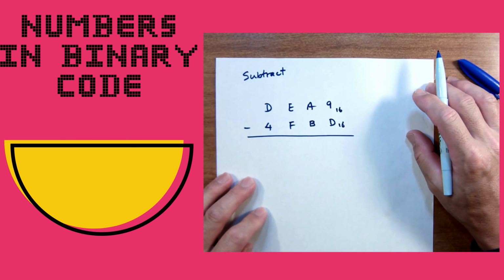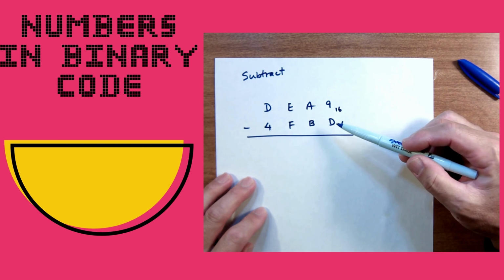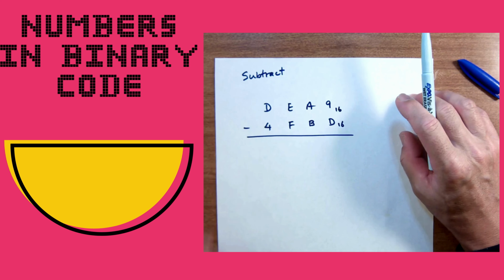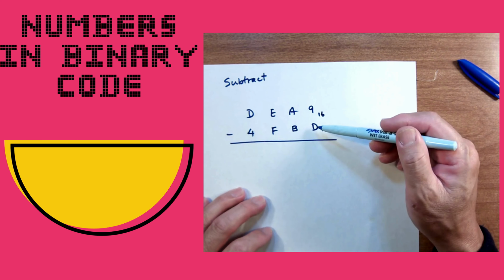Last, but not the least, demonstration on how to subtract hexadecimal. Base 16 with letters. The process is pretty much the same. Okay, let's try. 9 minus D cannot be, means we have to borrow.